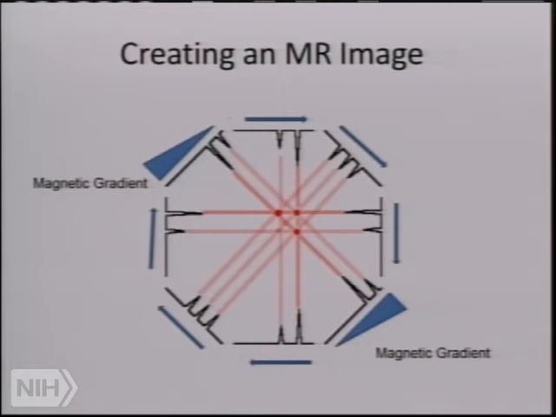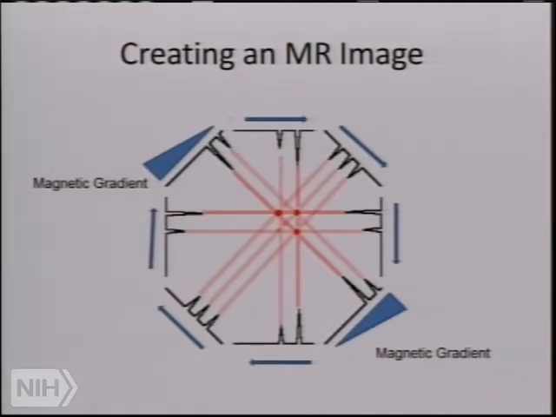And so you can detect these little radio frequency signals and do the same kind of trick. Basically, instead of rotating an X-ray tube, you rotate this magnetic gradient around the patient, and you get different profiles through this point source as you rotate this gradient around the patient.